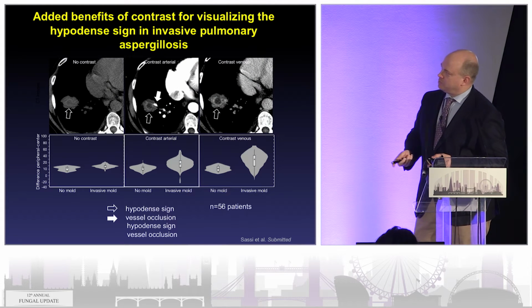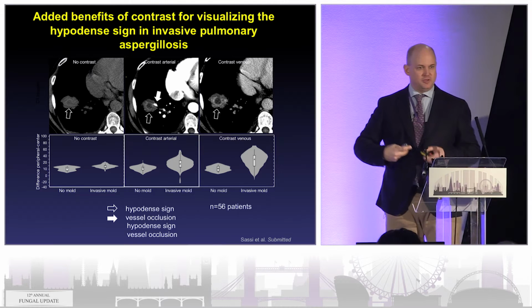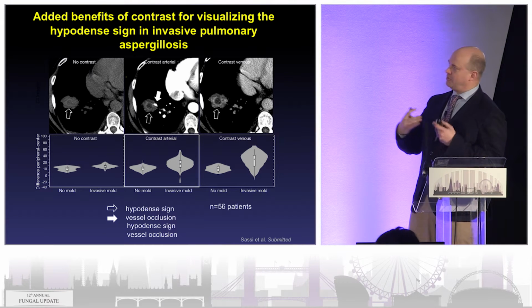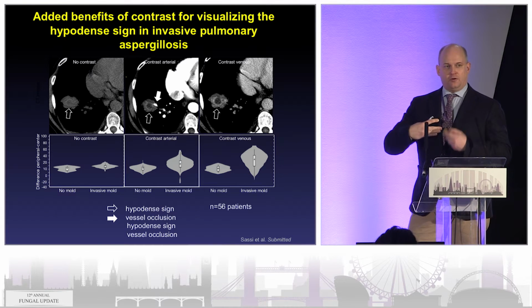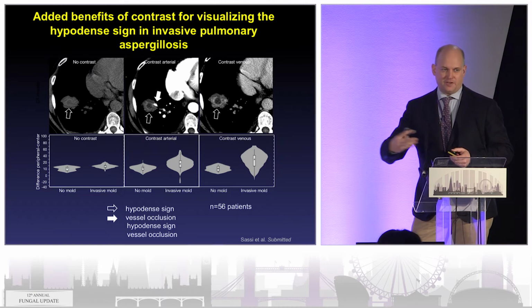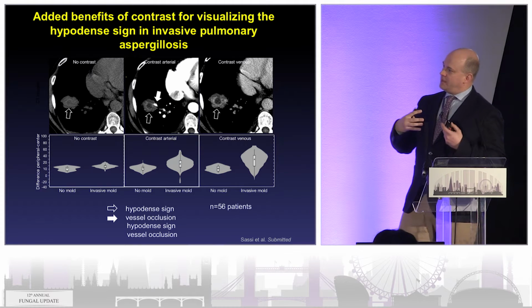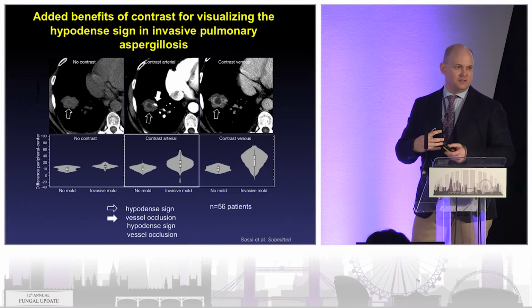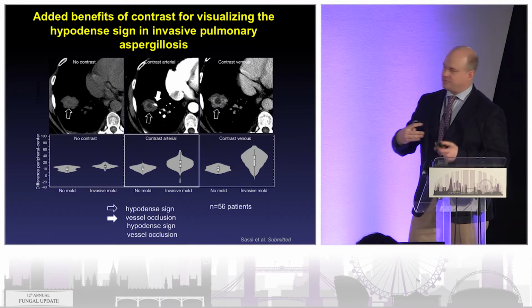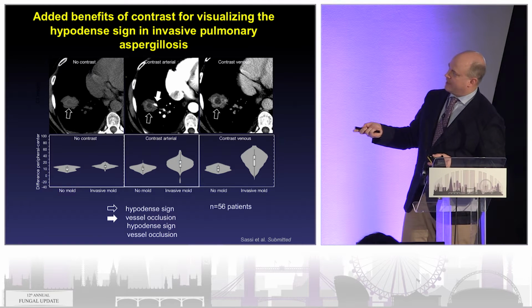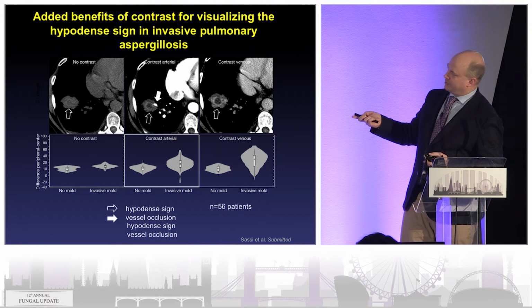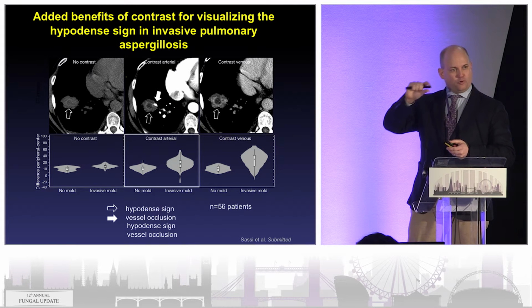And we've begun to explore the hypodense sign a little bit more carefully, because when you're detecting them earlier, there's also opportunities to look at it not only in the arterial phase of the image acquisition, but you can also capture images in the venous phase. And this may actually reveal some interesting differences, especially if you use algorithms to compare the central necrosis density versus the outer peripheral ring.